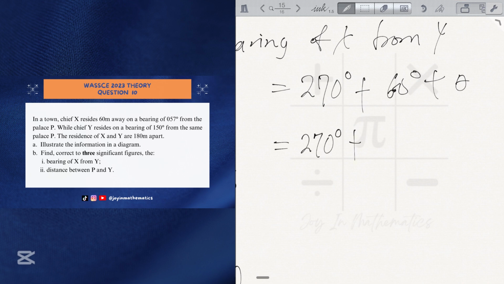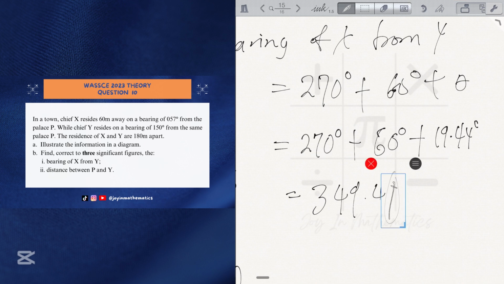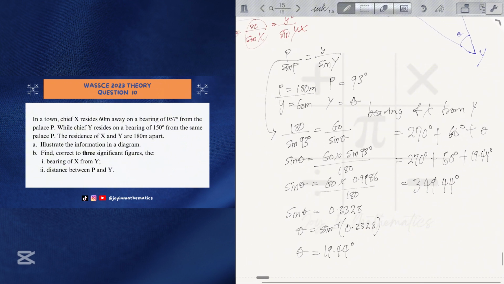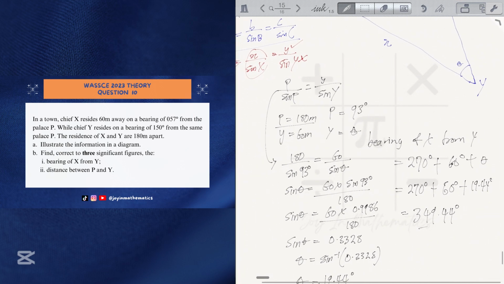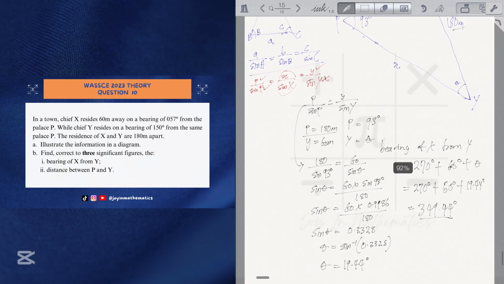So this is 270 plus 60 degrees plus 19.44 degrees, and this will be equal to 349.44 degrees. So the bearing of x from y is 349.44 degrees.